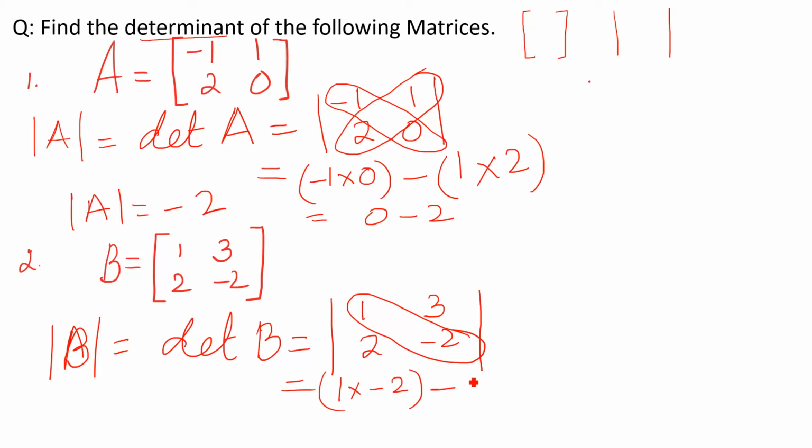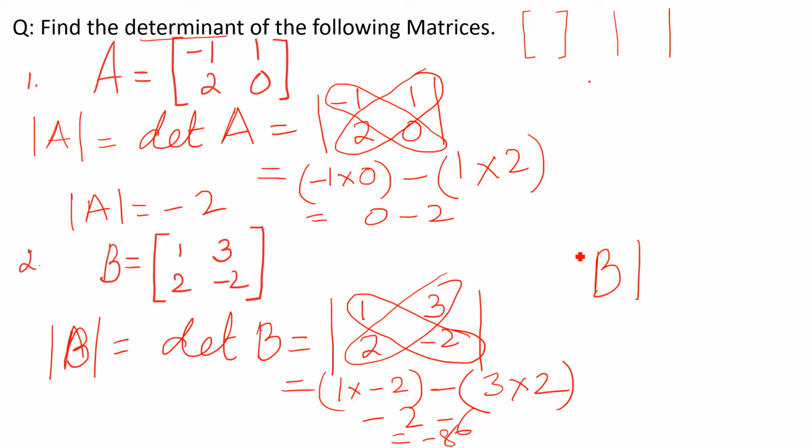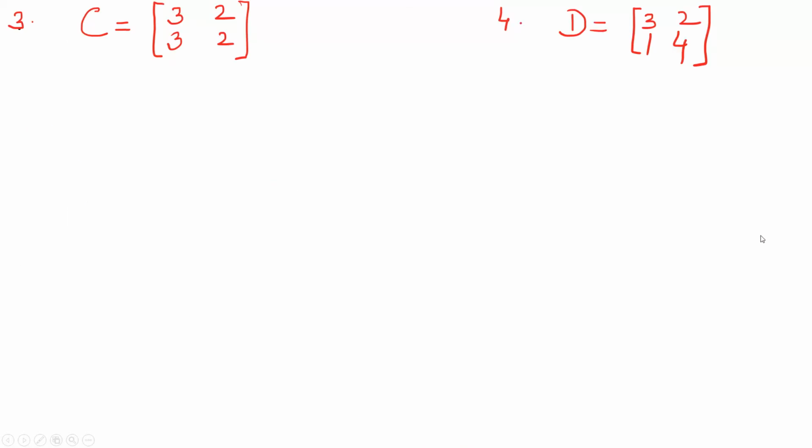Here you have to use the negative symbol, and then we multiply 3 by 2, which is 6. So -2 - 6 is equal to -8. So the determinant of B is equal to -8. This is the answer. So simple.